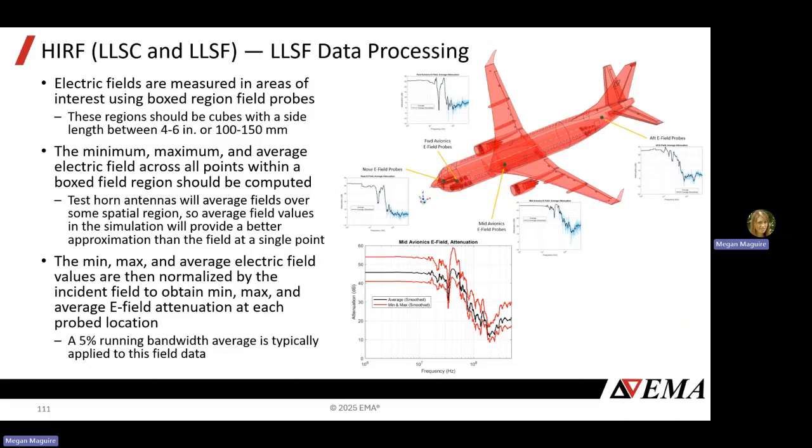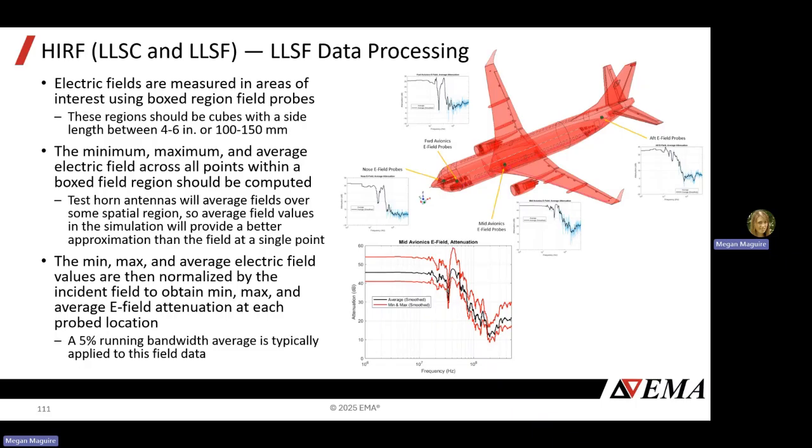The average is typically what you'll be using, but it can be helpful to have an idea of the total range, min to max. The reason you'd want to use the average is that test horn antennas typically average fields over some spatial region, so you want to do that in the simulation as well to provide a better approximation, rather than looking at the field at a single point where you may have some increase or decrease in field that for the whole region you wouldn't necessarily see. You might be misled, essentially.